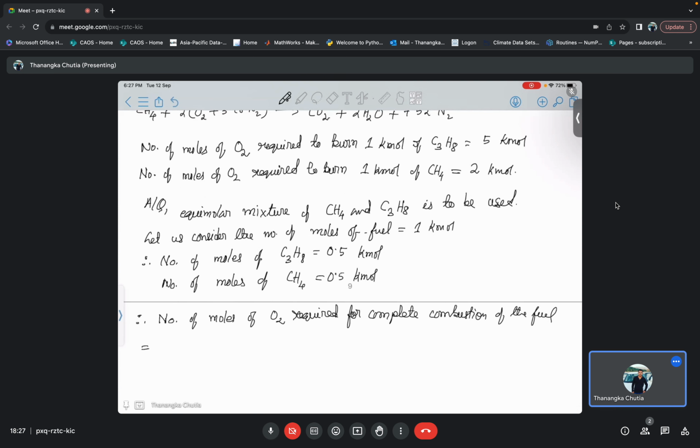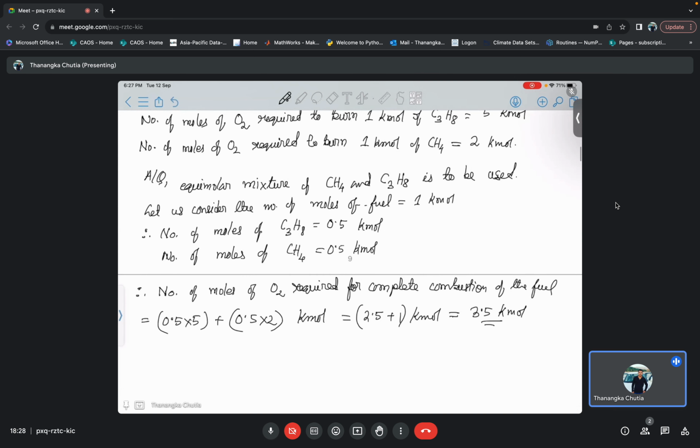See, for 1 mole of propane you require 5 kilomole, but now you have 0.5, so it will be 0.5 into 5 plus 0.5 into 2 kilomole. Okay, so that means 0.5 into 5 is 2.5 plus 1 kilomole, and that is 3.5 kilomoles. So 3.5 kilomoles of oxygen is required to completely burn this given amount of fuel, which contains equal number of moles of propane and methane.